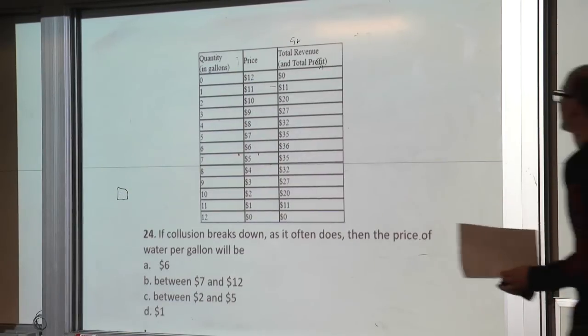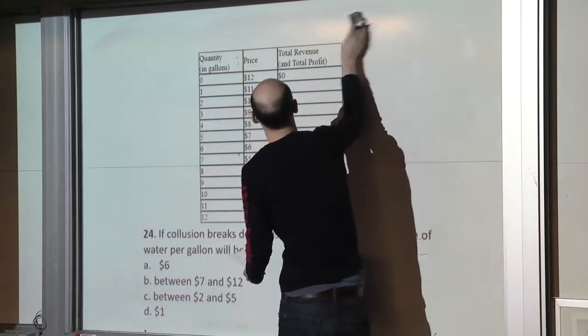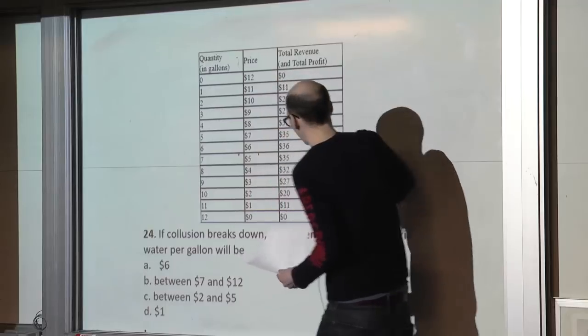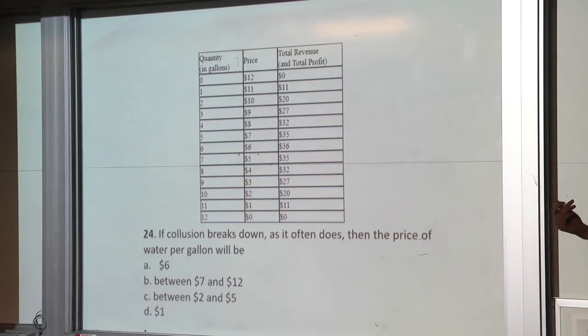This question is probably the hardest, but you have to work it because it involves a cartel where collusion breaks down, right? So let's start from where the cartel will want to operate at. In this scenario, we have that there's no cost of production.